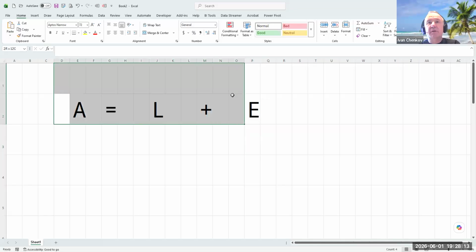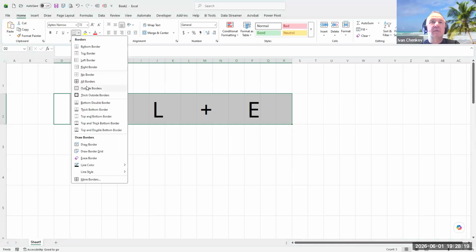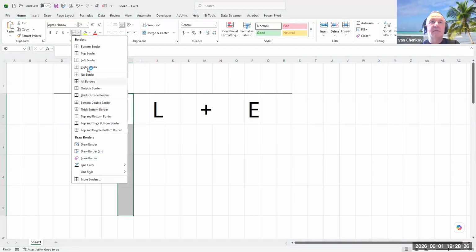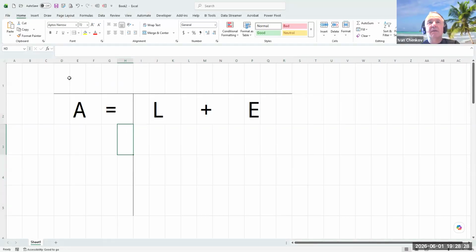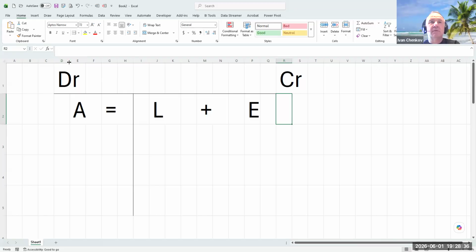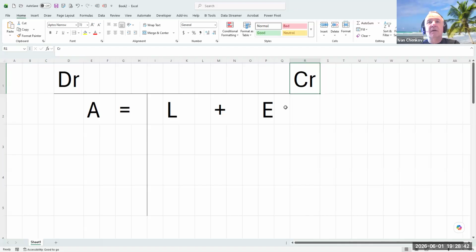I know in the big picture, if I draw the T accounts, if I prepare this as a T account, if I draw the line right here, I know that my left side is debit, right side is credit. That's my debit here, that's my credit here. I already know that. I know that asset accounts always have a debit balance. I know these accounts always have a credit balance.